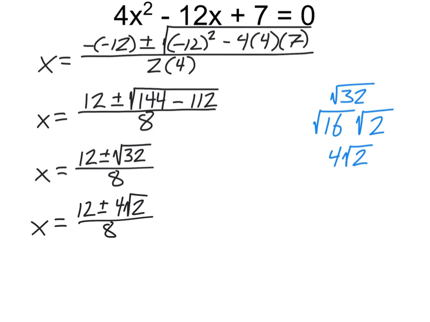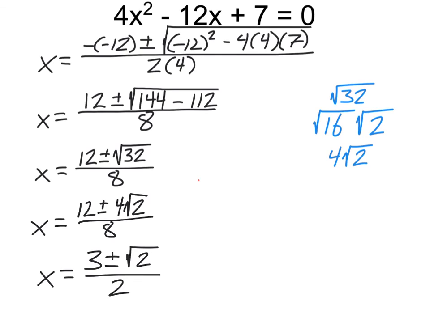Basically, I'm looking at all three terms, two in the top and one term in the bottom. And I'm saying, what can I divide all three of those numbers by? And yeah, you can divide them all by 2, but I can do better than that. 4. So we're going to divide them all by 4. Which gives me then a final answer, and yes, this is our final answer, of 3 plus or minus the square root of 2 over 2.